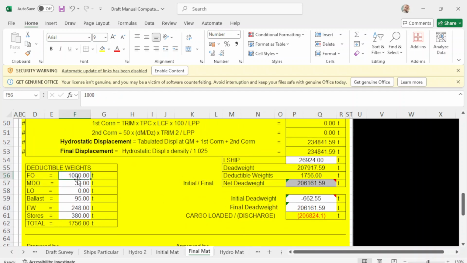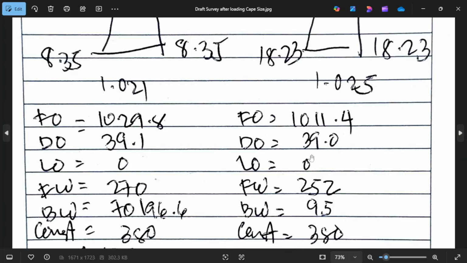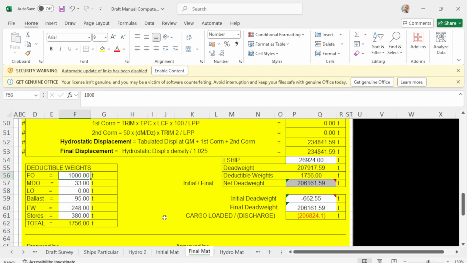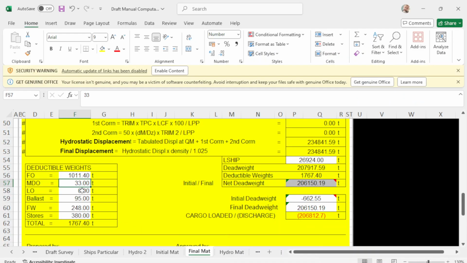Okay, ROBs for final draft. That will be 10.11.4. Put here 10.11.4. Okay, DO is 39. Here 39.